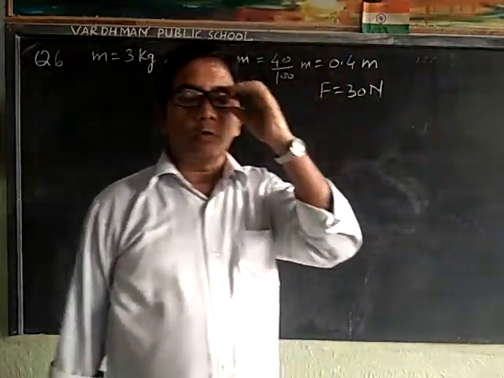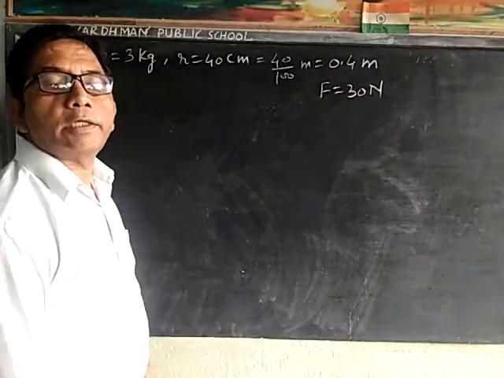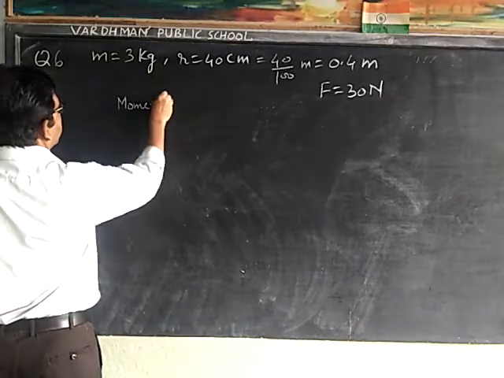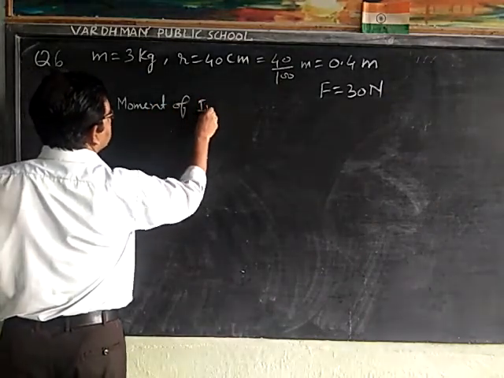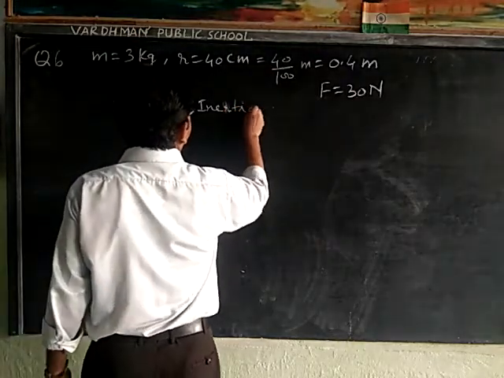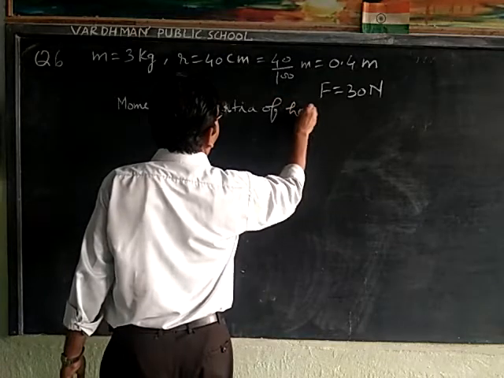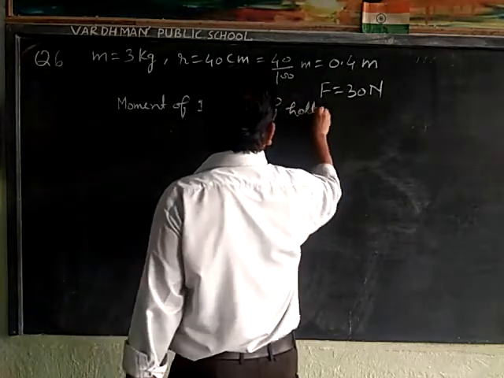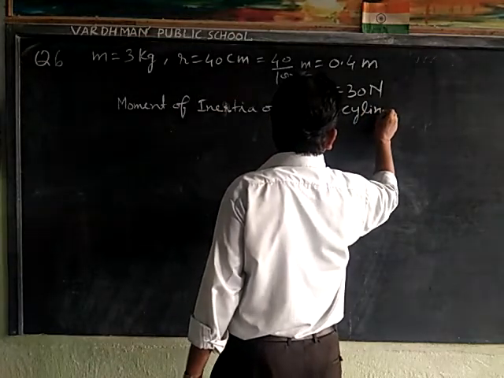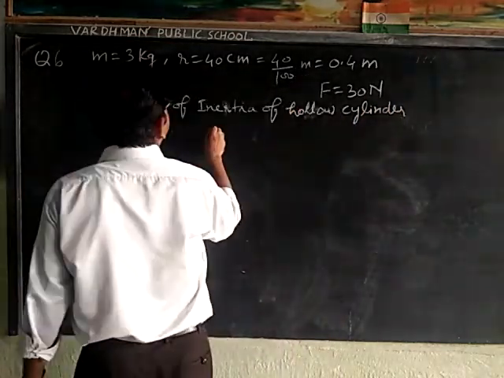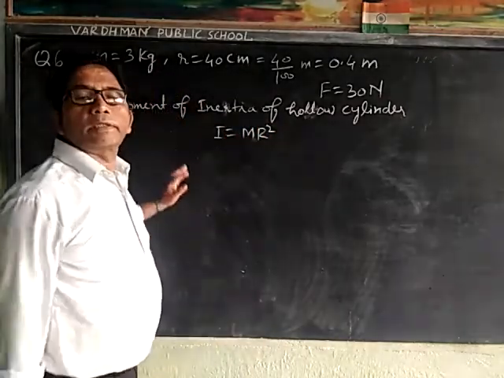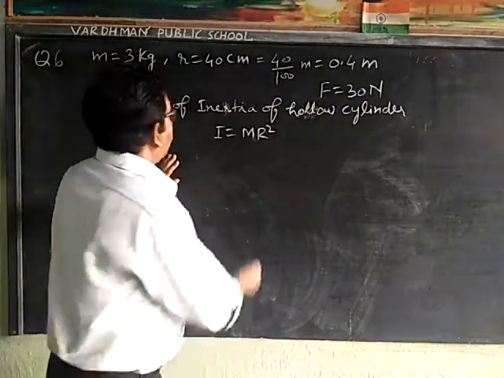Now we know the moment of inertia of a hollow cylinder. Moment of inertia of the hollow cylinder, I is equal to mr square.